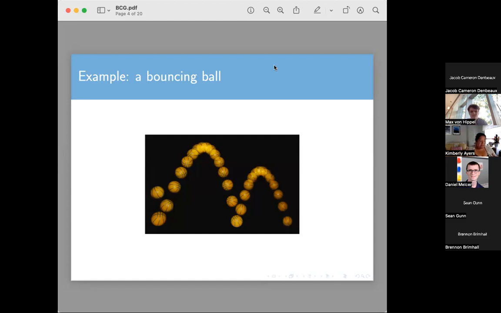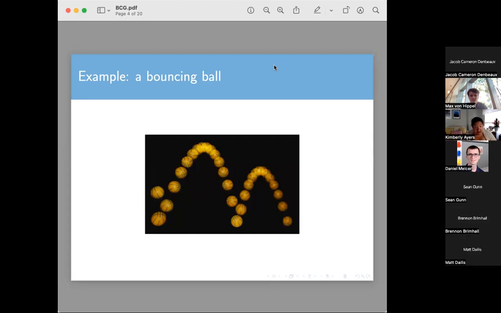There's an effect of gravity on the ball, slowing down the ball's velocity, but that's happening continuously and smoothly. There's no abrupt changes while the ball is in the air. But the instant the ball hits the ground, there's that instantaneous change in direction.